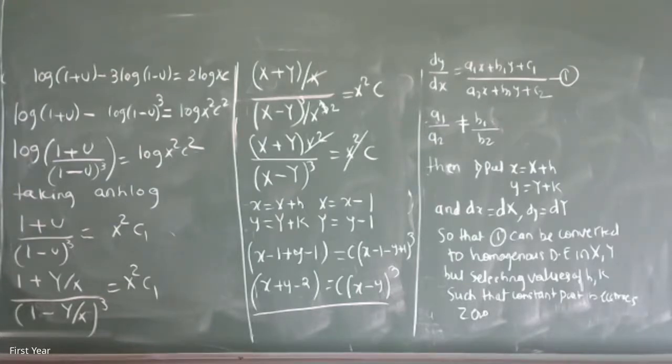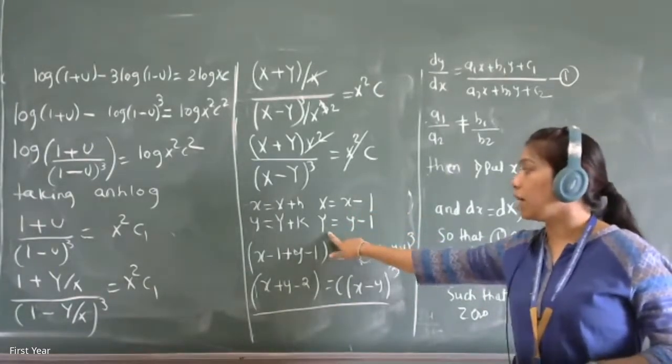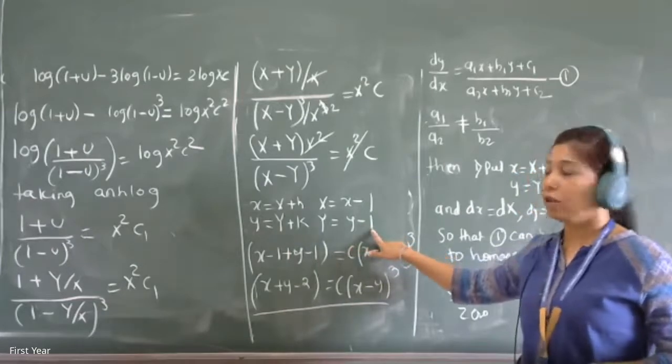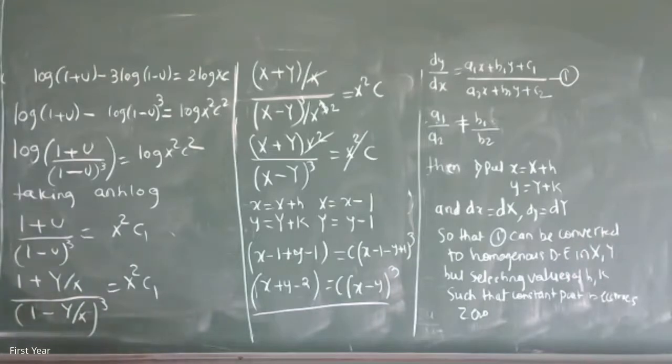Capital Y by capital X. That substitute u is equal to capital Y by capital X, and capital X is equal to small x minus h, and capital Y as small y minus k. So that we get the solution of the given differential equation.